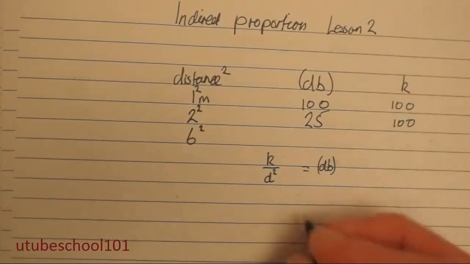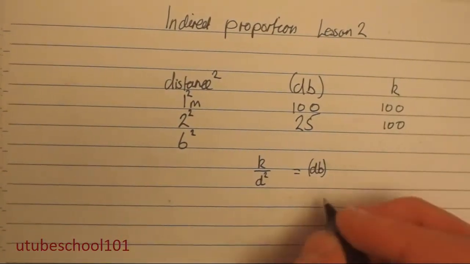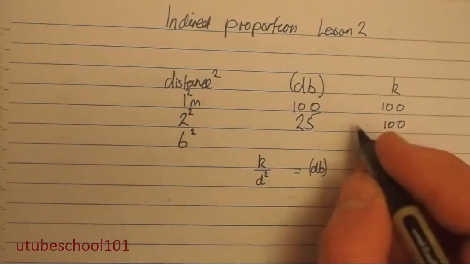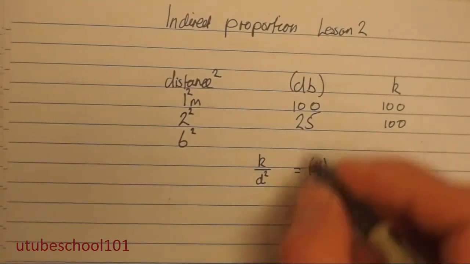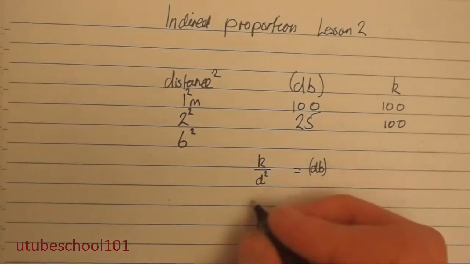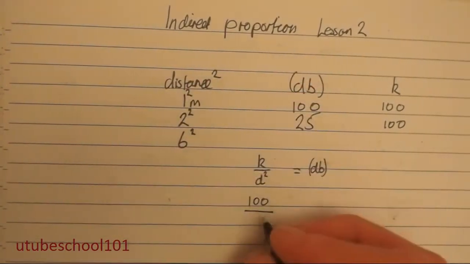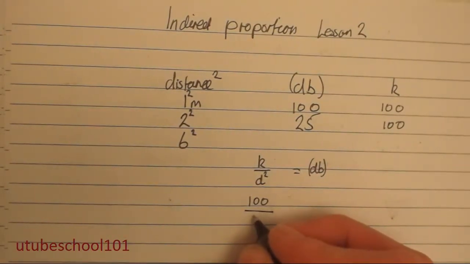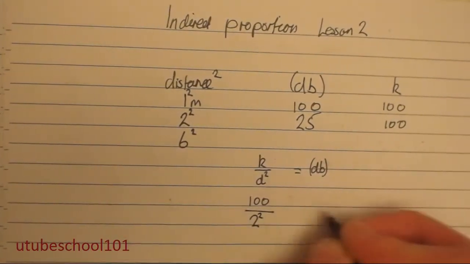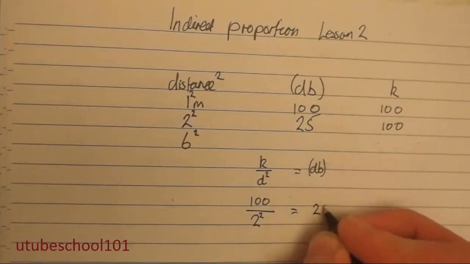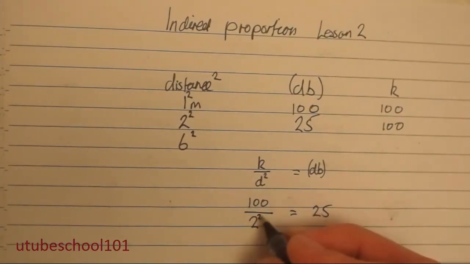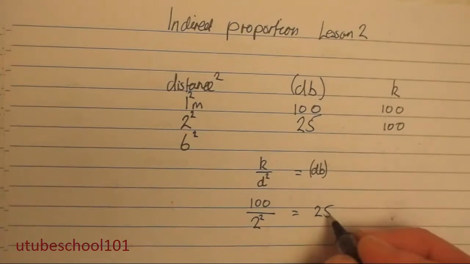Let me put these values in to make sure it works, using the second example. 100 divided by 2 squared equals 25. And that works, 100 divided by 4 equals 25.